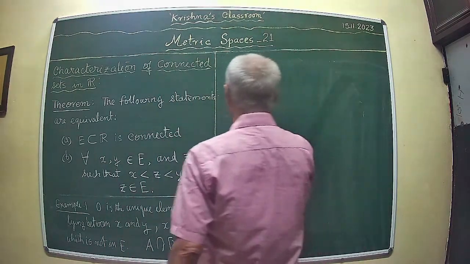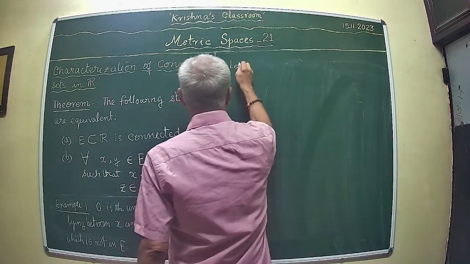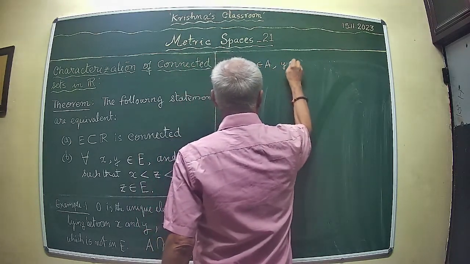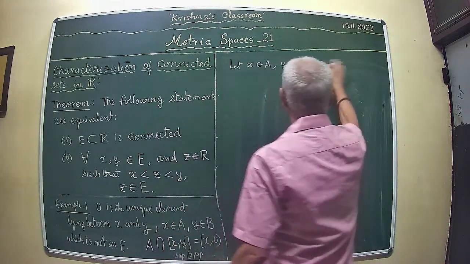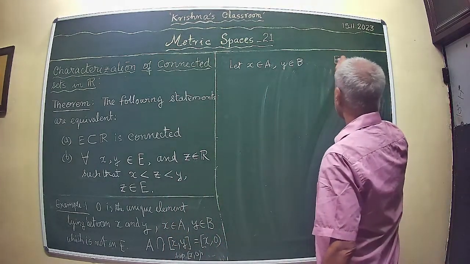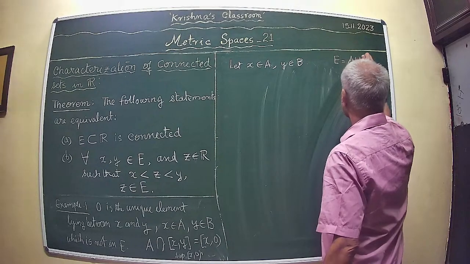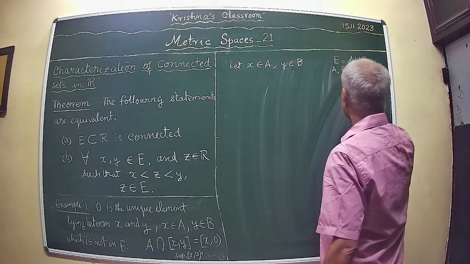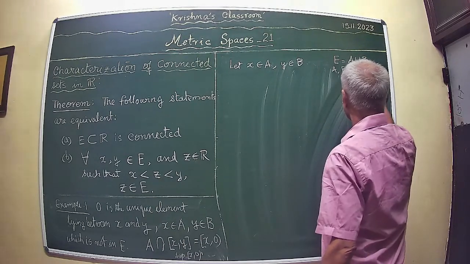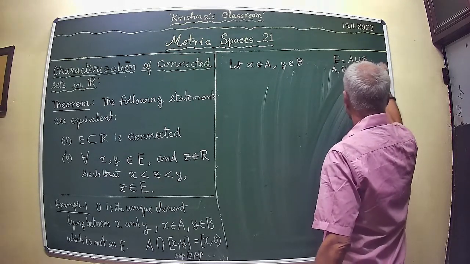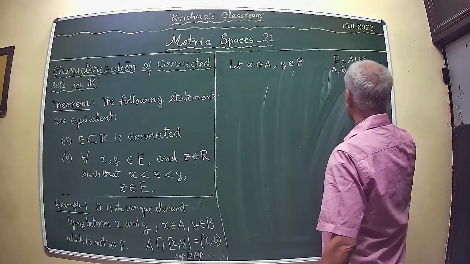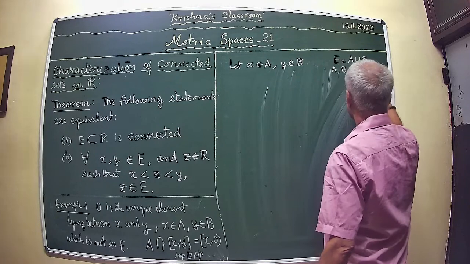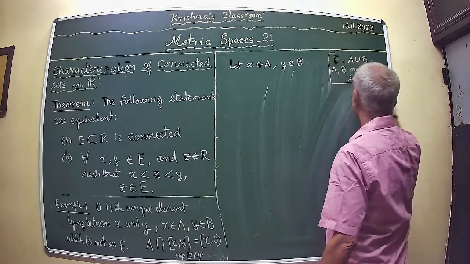So let x belonging to A and y belonging to B, where you have E equal to A union B, A, B non-empty, separated. This is what we have.